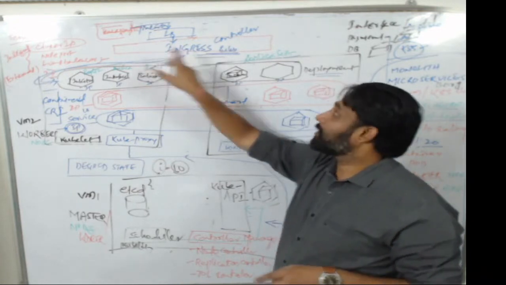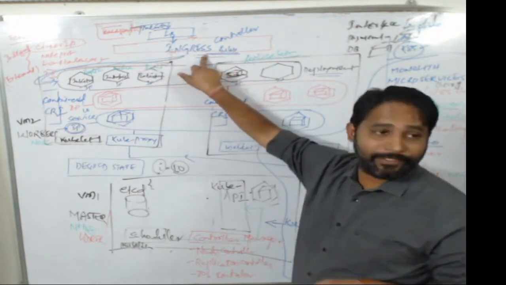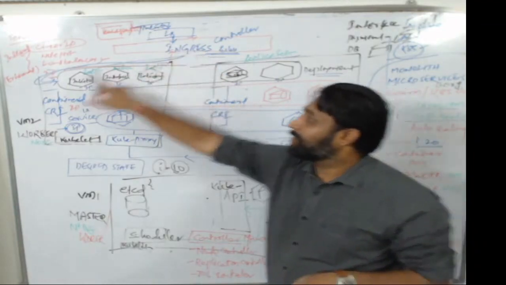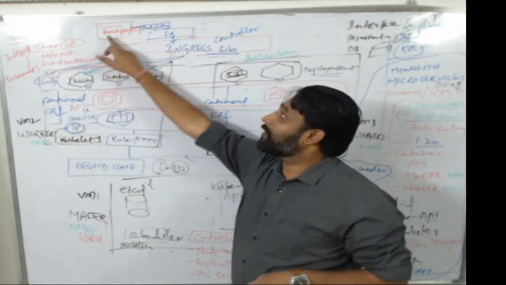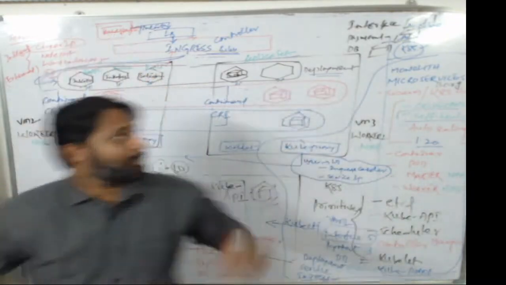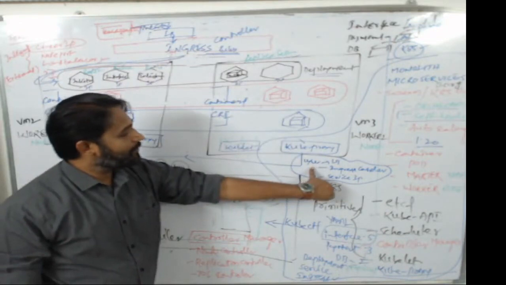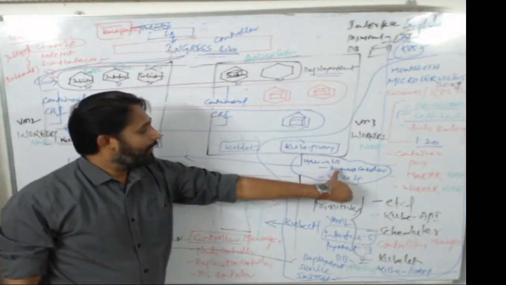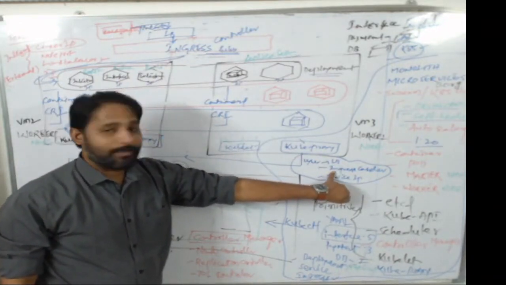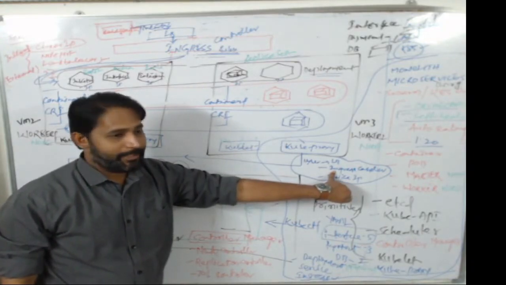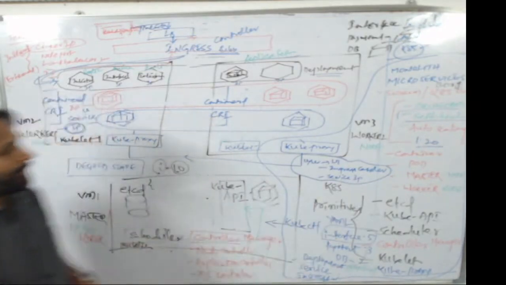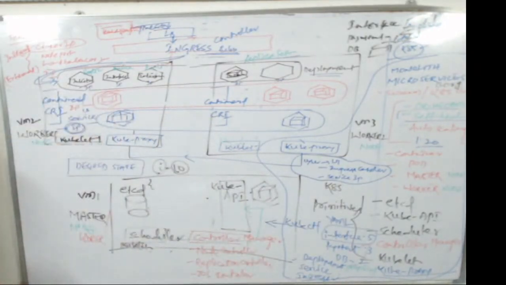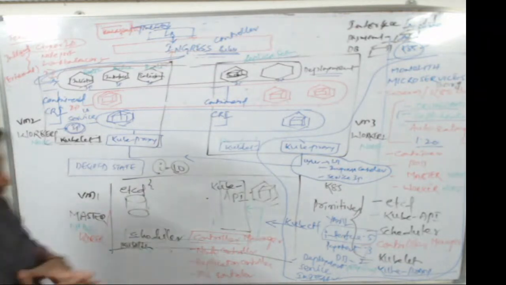The ingress controller matches it with the rules and decides which service IP should receive that request. So when you hit a URL on your browser, it goes through the load balancer, reaches the controller. The controller decides which service IP should receive it, and that service IP will receive your request. Those are the words.